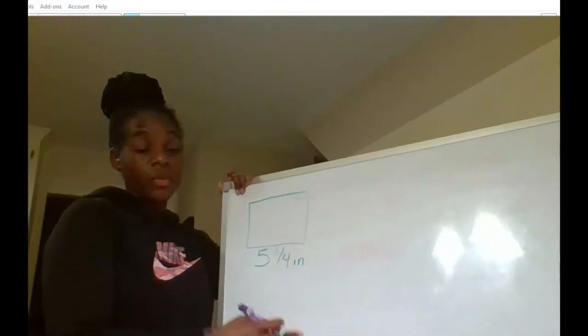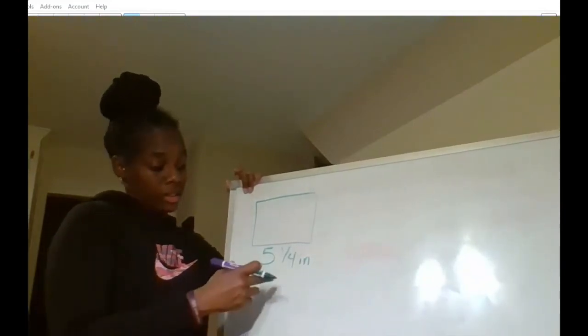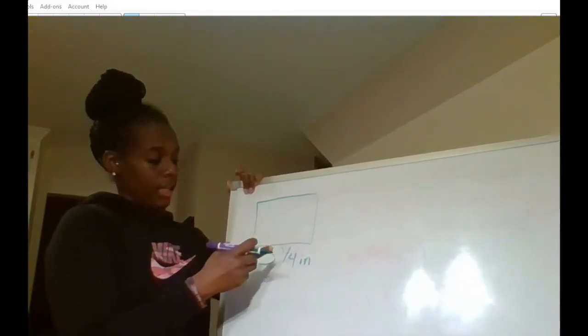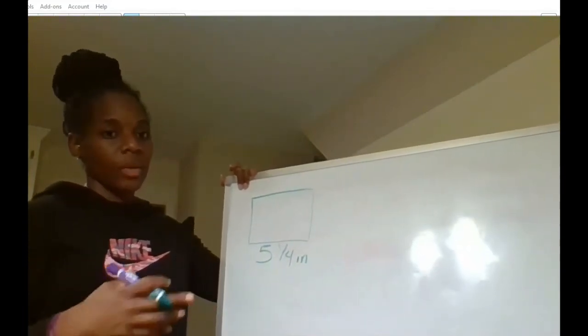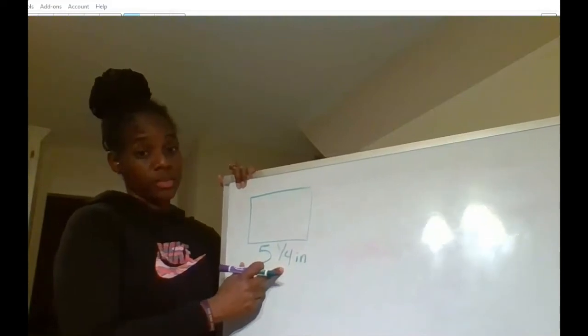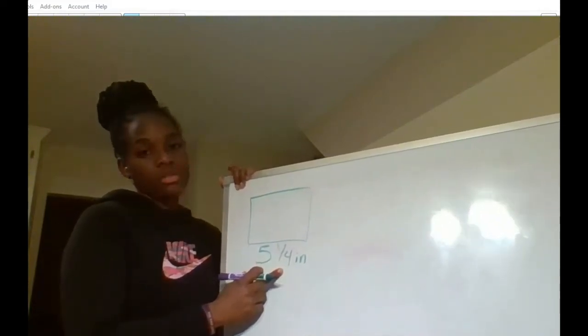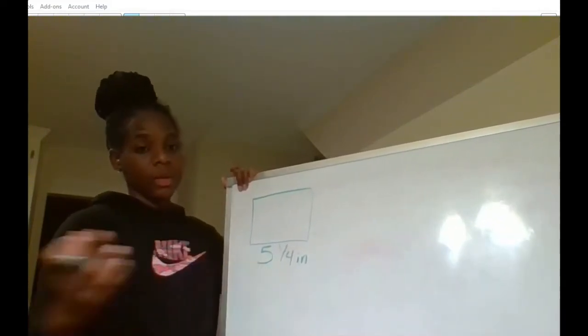If you can, then go ahead and do so. You might have to change it to an improper fraction and then multiply it. But if not, we can just take the fractional portion of this and change it into a decimal so that we can work with that number.